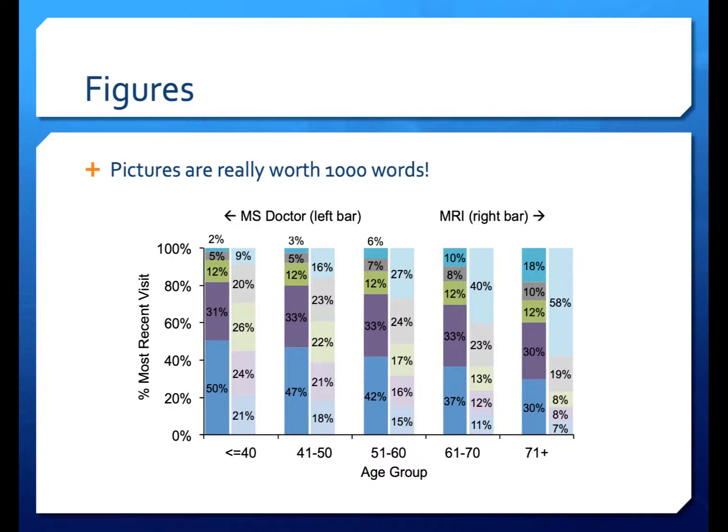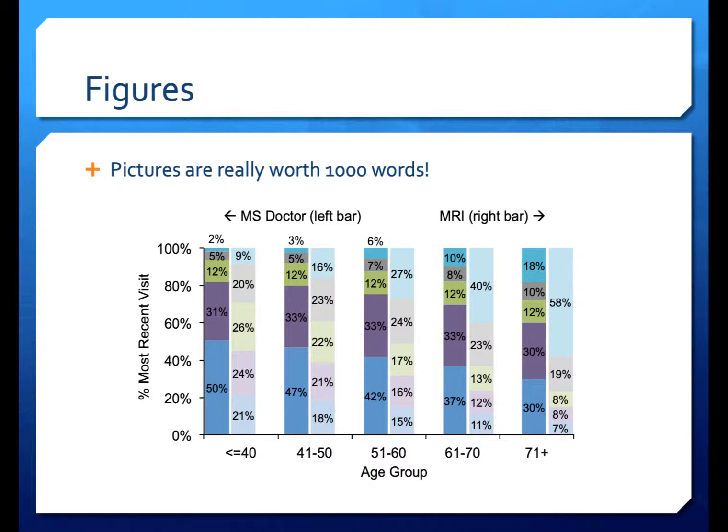Here's an example for a figure that tells you that pictures really are worth 1,000 words. The left bar, that's the darker colors, is the proportion of people that reported a doctor visit in that age group. The right bar is the proportion of people that reported an MRI in that age group, and this is in the prior 6 months.